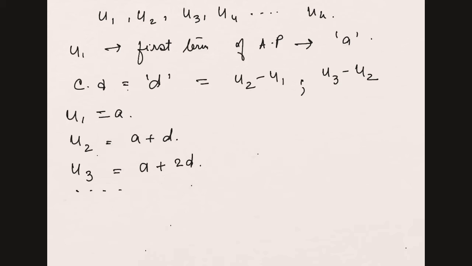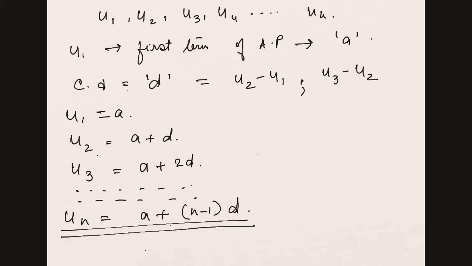That allows us to derive the nth term as A plus (n minus 1) D. The practice exercises we'll do now are only on finding the nth term using this and all these characteristics of D, meaning U2 minus U1, like that. So let's take some examples.